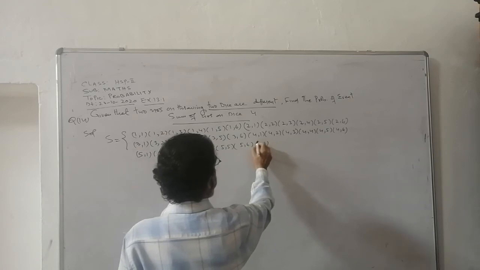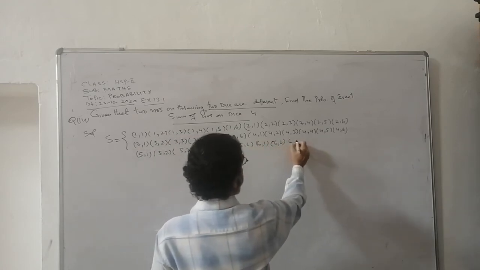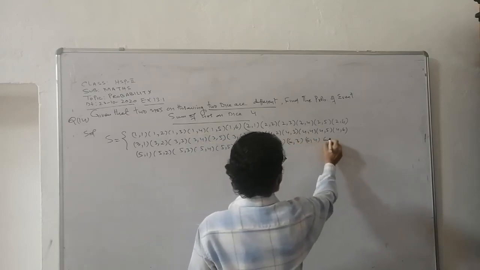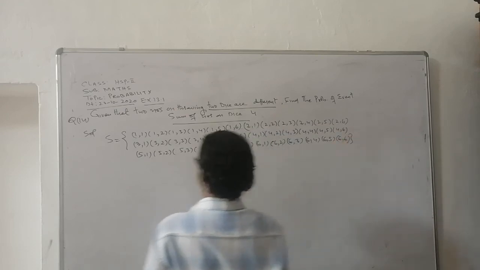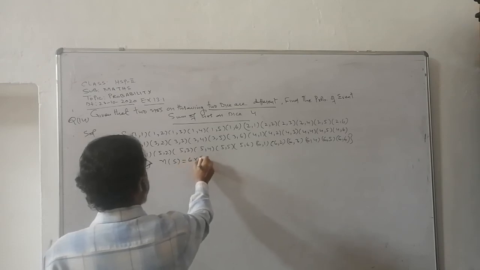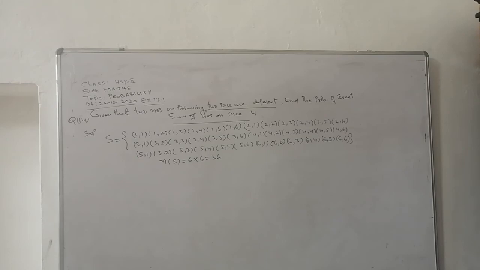And lastly, (6, 1), (6, 2), (6, 3), (6, 4), (6, 5) and (6, 6). So we have a total of 6 into 6, 36 points. When two dice are rolled, there are 36 points.